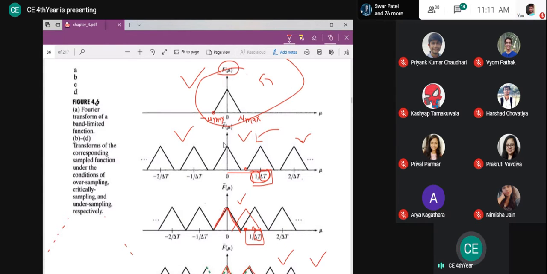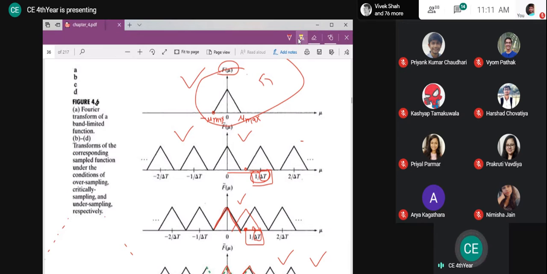Someone will say yes, you can go back. How? If I am suppressing all these triangles in the frequency domain. How to suppress these triangles? The simple thing is that if I want to suppress all these triangles, I should use a low pass filter.